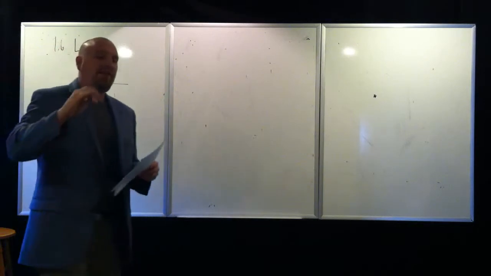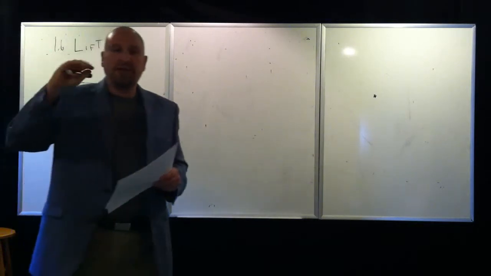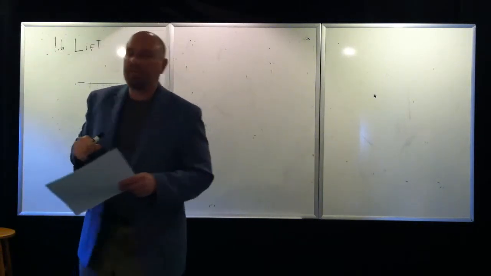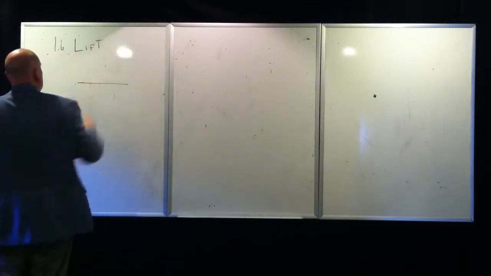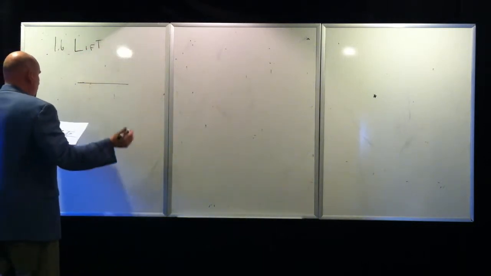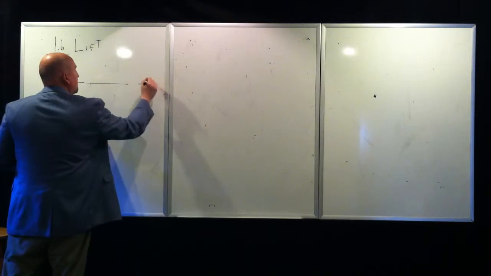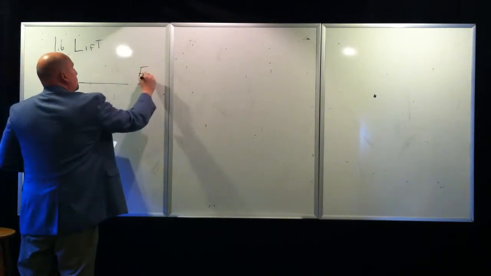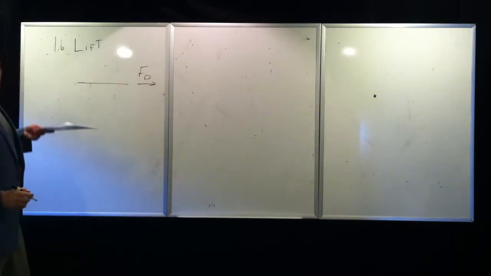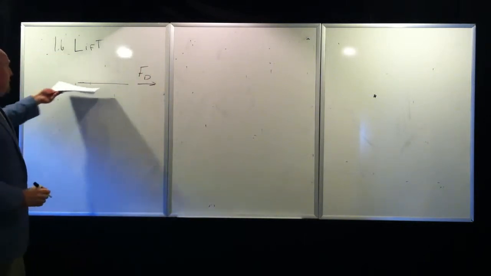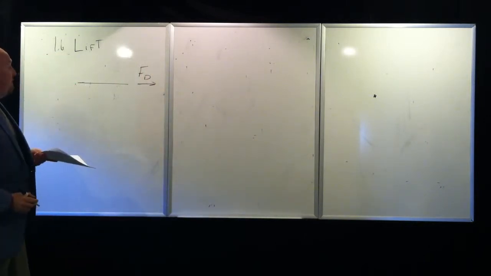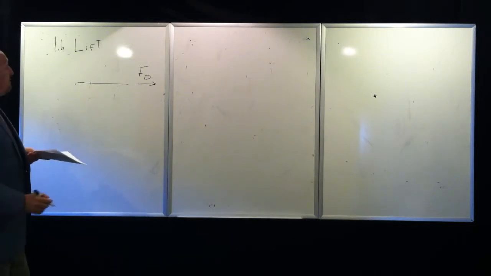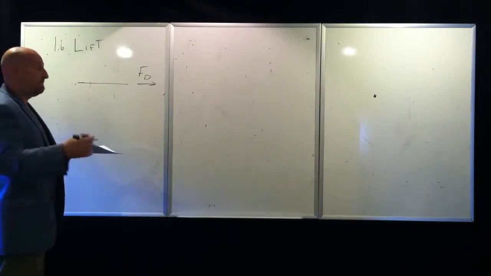If we had a very, very thin plane, looking at it in profile, we would define drag. Drag is going to be a force. We define the force of drag that's going to be along the flow or along the profile of the aircraft or wing or whatever object you have.